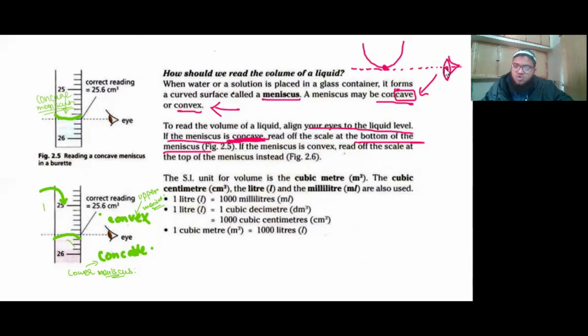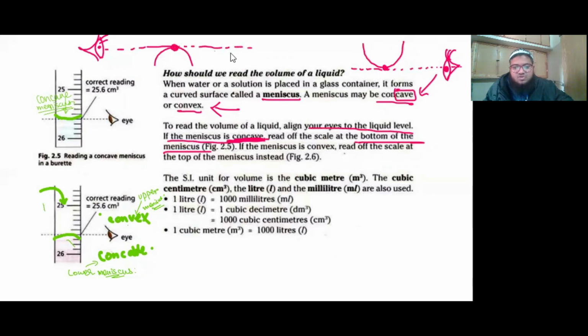If it's a concave meniscus, you look at the bottom of the meniscus. And if it's a convex meniscus, then you need to look at the top of the meniscus. Simple as that.